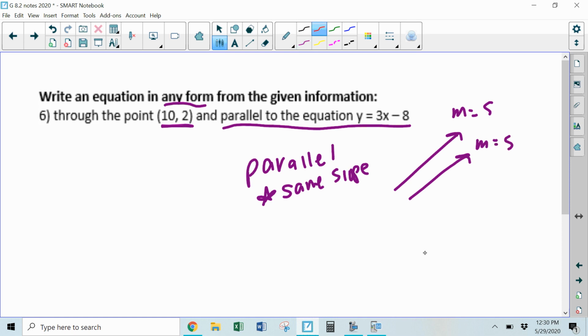If they are perpendicular, they have opposite reciprocal slopes.